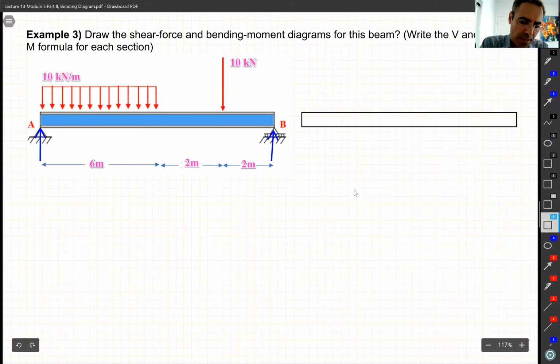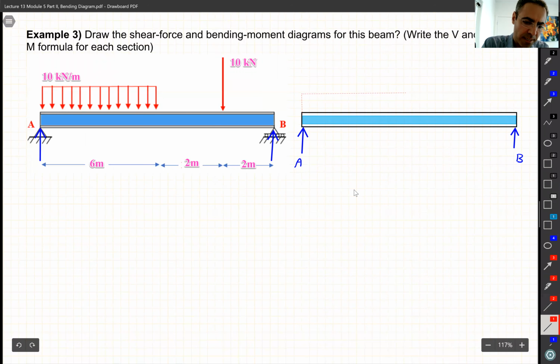So let's say that's the same beam. So we have the reaction at point A and reaction at point B. We call this one A, and we call this one B. And then we have a distributed load, which I can take and put back its equivalent, which is going to be somewhere in the middle here.